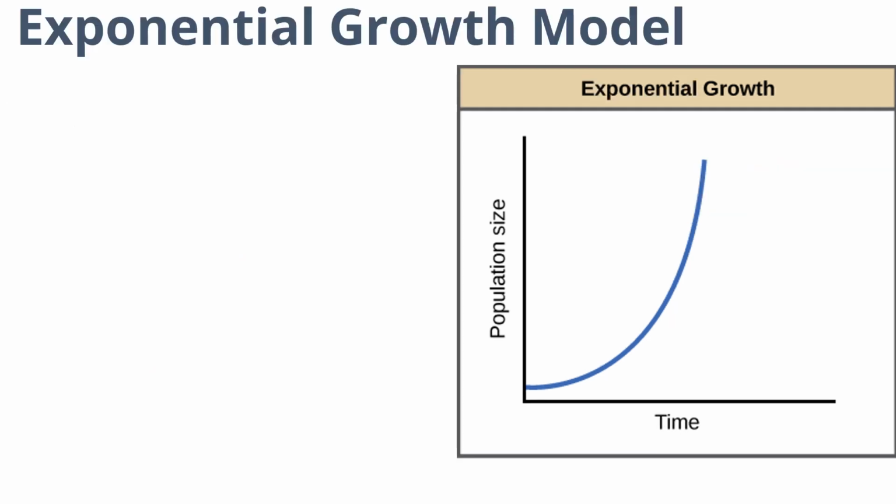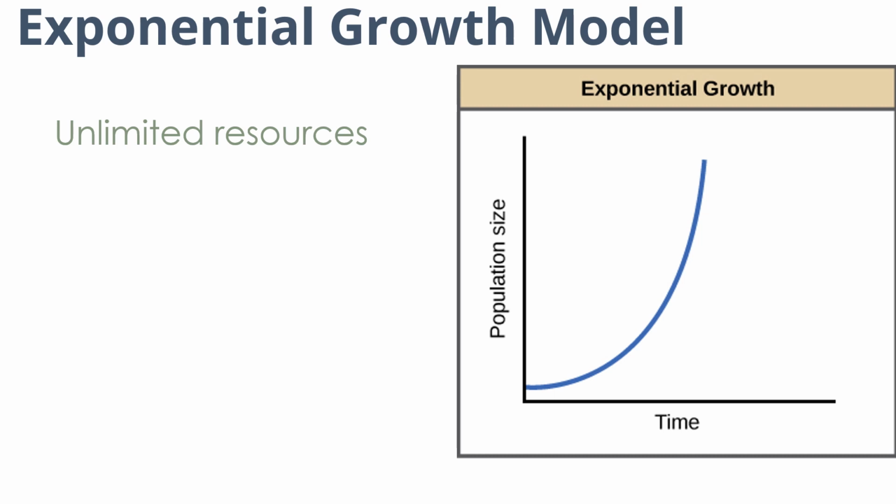So the first of these is the exponential growth model. And this is depicted for populations with unlimited natural resources growing very rapidly, or exponentially. And this accelerating pattern of increasing population size is called exponential growth, and it leads to this J-shaped curve.